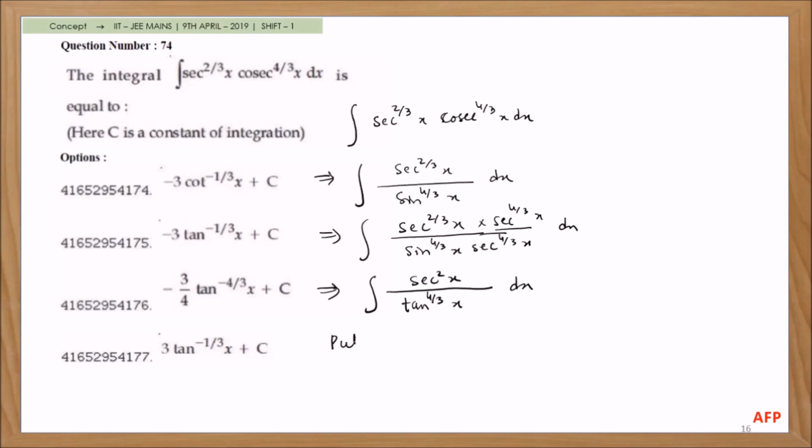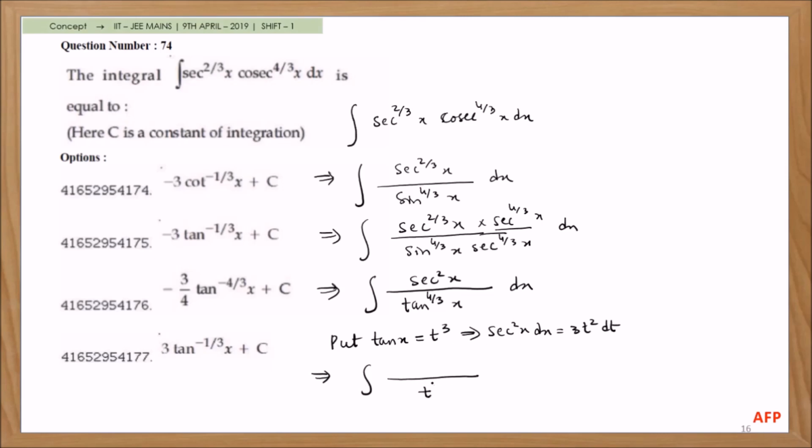So put tan x = t^3. If you differentiate with respect to x, sec^2 x dx = 3t^2 dt. This implies, in the denominator what are you getting?